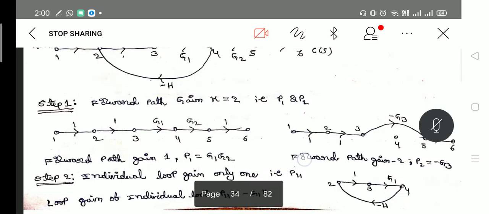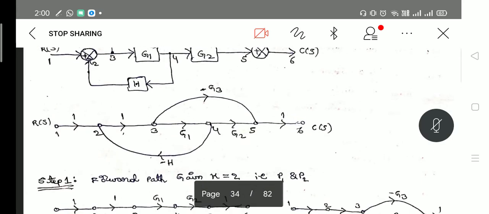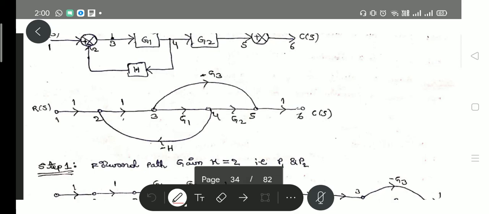How many loops are there in the system? Okay, how many loops are there in the system? Anyone tell me? Yes, only one loop is there, that is 2 to 4.